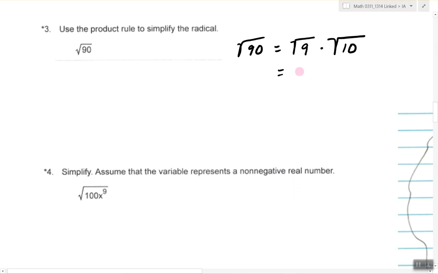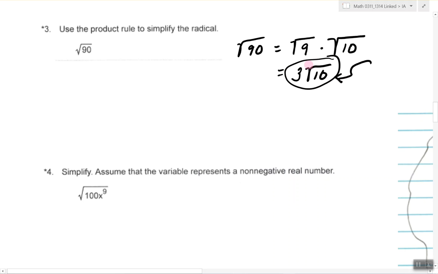So let's go ahead and say this is 3 times the square root of 10. You should always pause there and ask yourself if the square root of 10 has any perfect square factors, and it does not because it only has 1 and 10 and 2 and 5. So this is considered simplified.